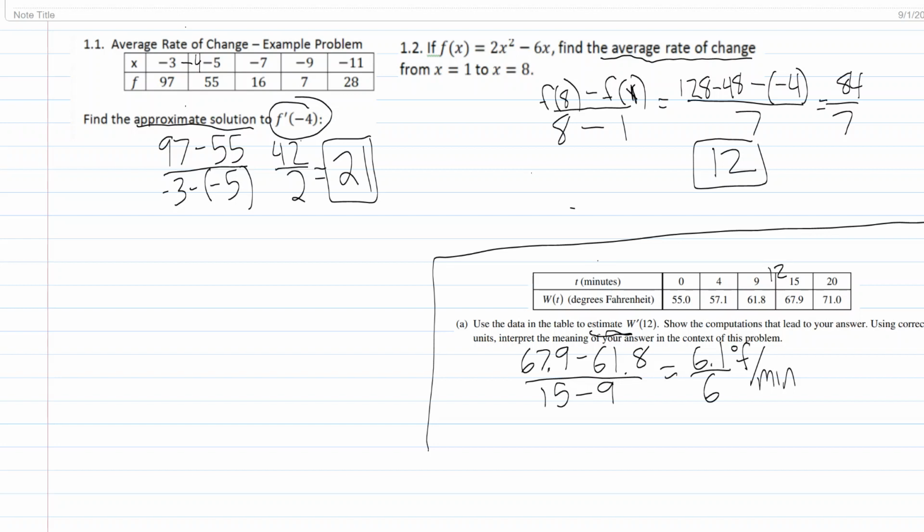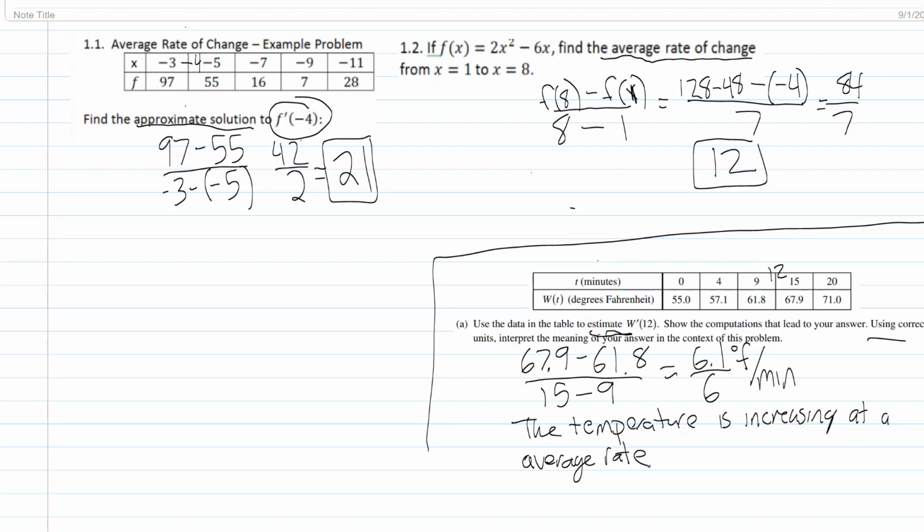Now, okay, I have to do the next step, which is using correct units, interpret the meaning of this. So what I'd say is that the temperature is increasing because it's a positive rate at an average rate.